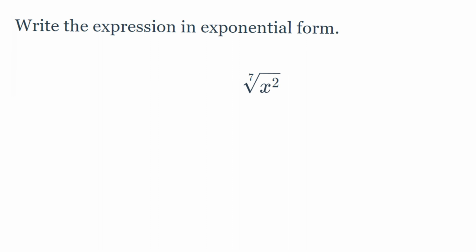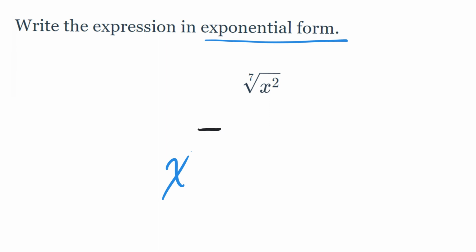So let's put this one to practice. As you can see, what it says is write the expression in exponential form. So we're trying to find x to a power. That's the exponential form. What we have in this case is a radical, which means this exponent is going to have a fraction.